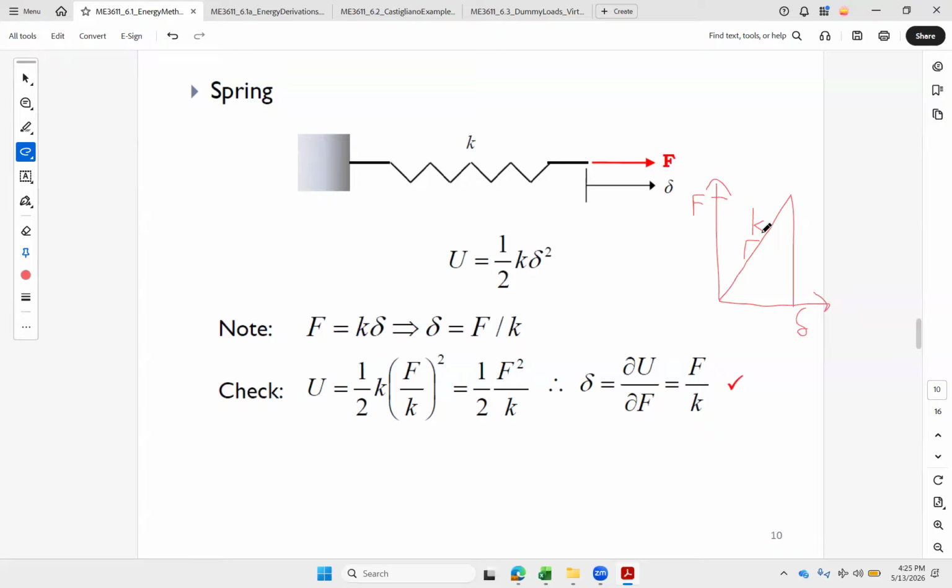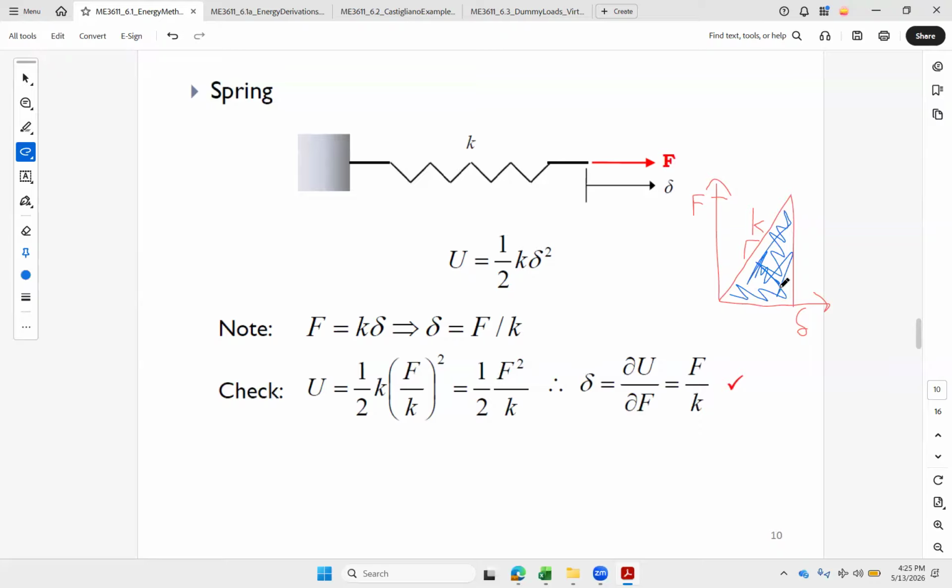So here's my triangle. That's made up of 1/2, because we've got a triangle area underneath. So we got that half. And then F times delta, and I want to set it up all in terms of load. So delta, I'm going to put in F over K. So I got a half times F over K. Goes right here. 1/2 F squared over K.